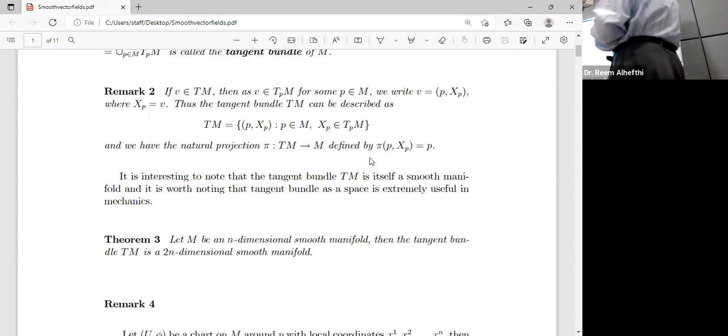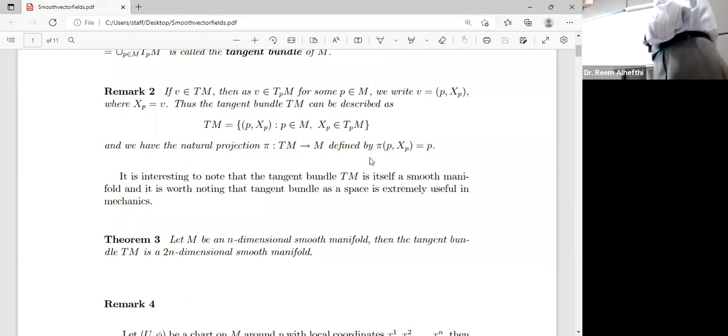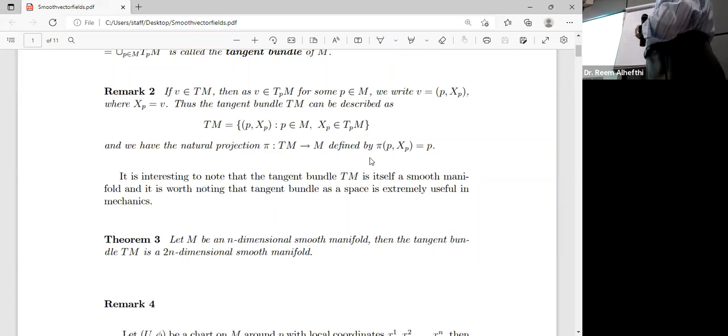How is it defined? Phi at a point (p, Xp) uses the coordinates x1, ..., xn, and other n coordinates y1, ..., yn, defined like this: yi at the point (p, Xp) is nothing but the differential of the local coordinates at p operating on Xp.